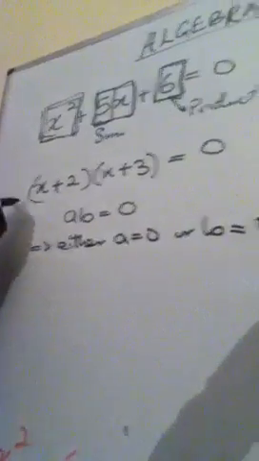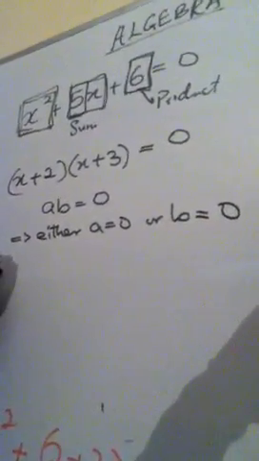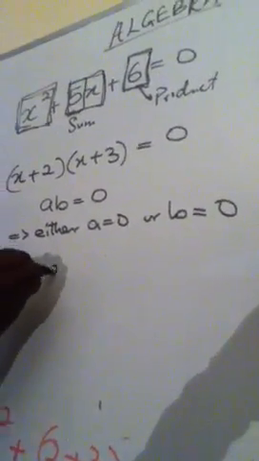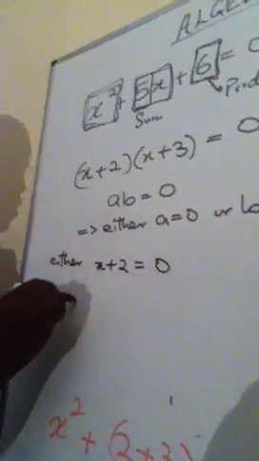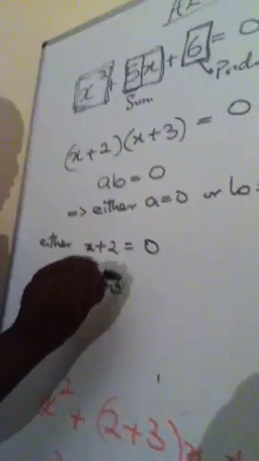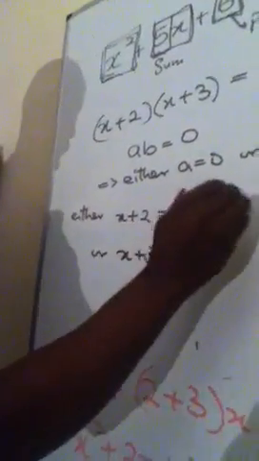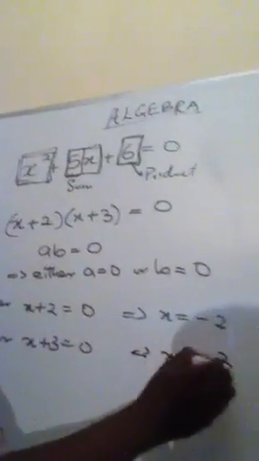So we can say that either x plus 2 is equal to 0 or x plus 3 is equal to 0, which implies that for x plus 2 to be equal to 0, x must be equal to minus 2, and for x plus 3 to be equal to 0, x must be equal to minus 3.